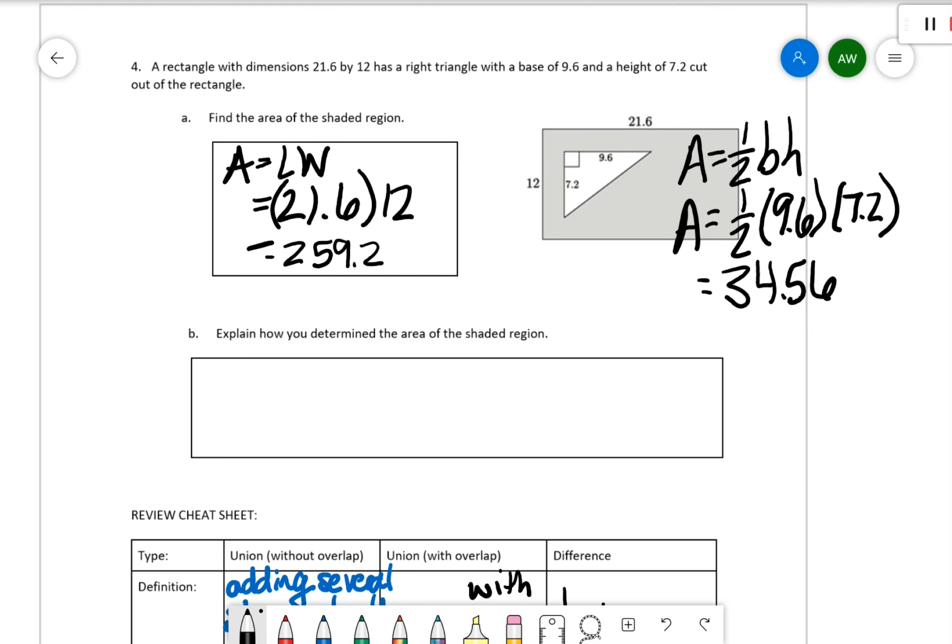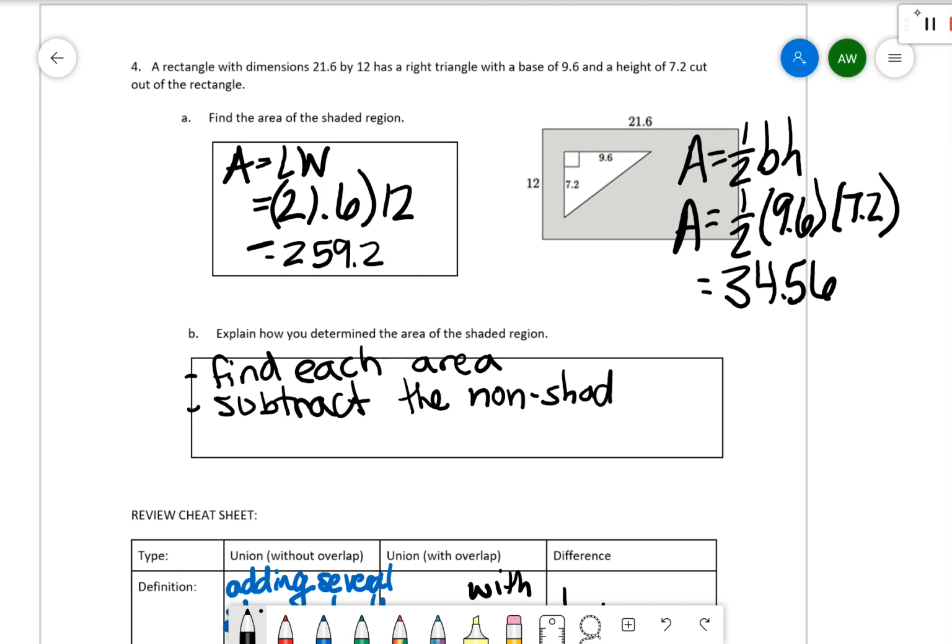Now to get the shaded region, I have to do one more step. The first thing I did was find each area, right? Find the area of each shape. Then the second thing I'm going to do is subtract the non-shaded area.